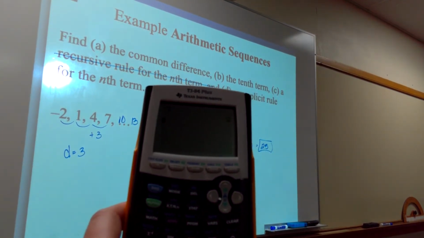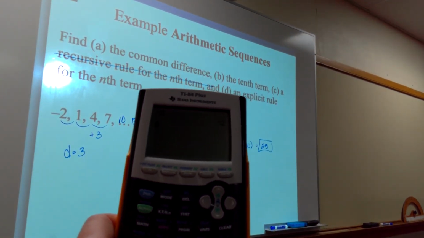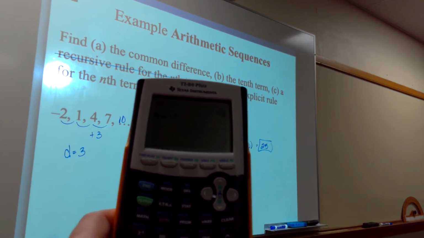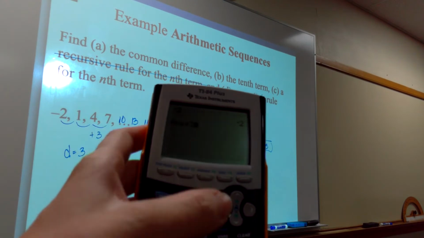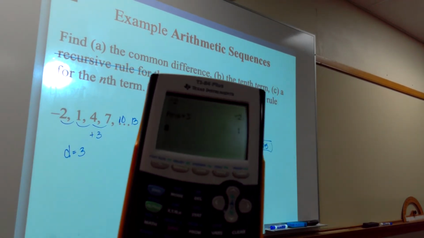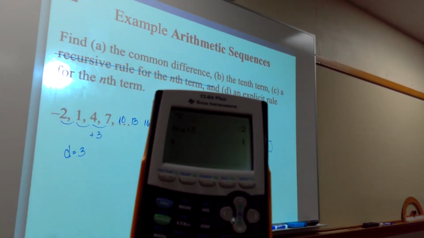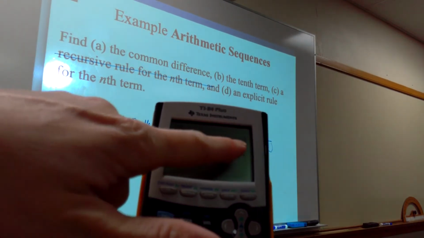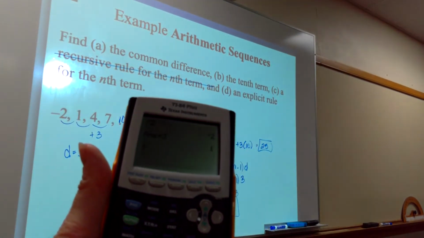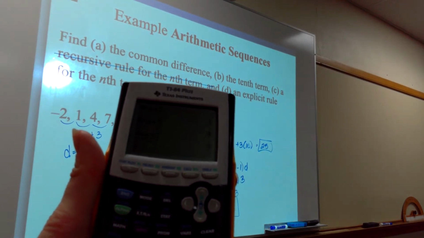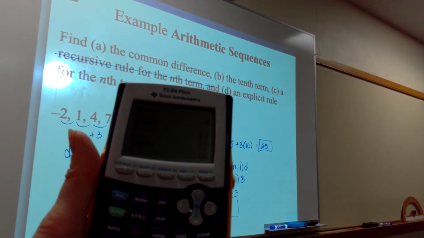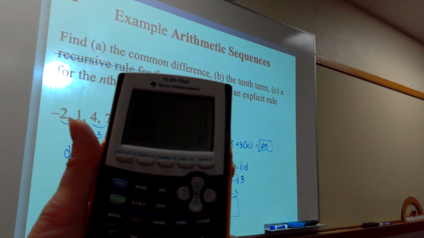Then you just tell your calculator what the pattern is, and my pattern is add 3. It says negative 2, and then answer plus 3. Now all I have to do is hit enter and it will generate this pattern. There's my first, second, and if I continue to hit enter, the third one, 4, 5, 6, 7, 8, 9, 10.